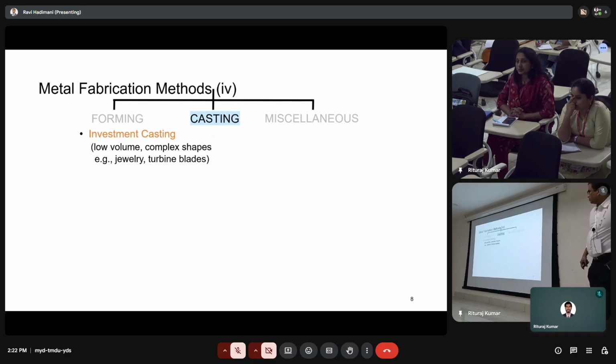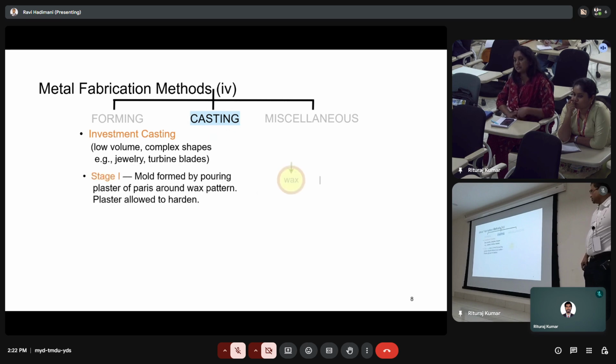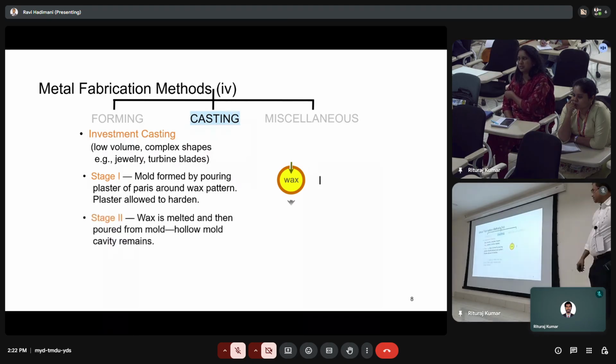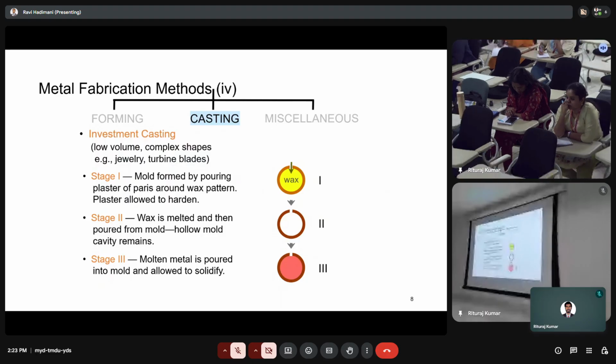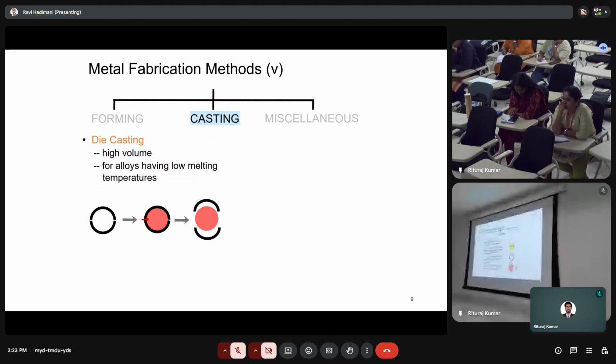Then there is investment casting, using wax. There are different stages. Again, it's straightforward: you have a die, you fill the wax, then you get a mold, and you fill that with molten metal. So you get the shape that you want.